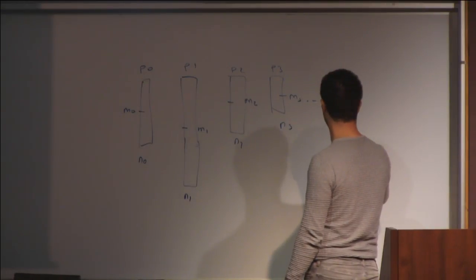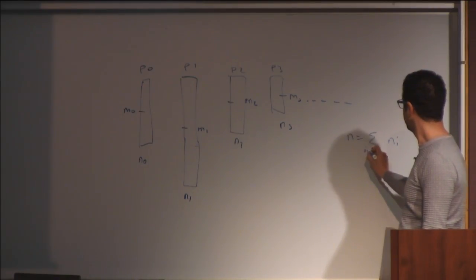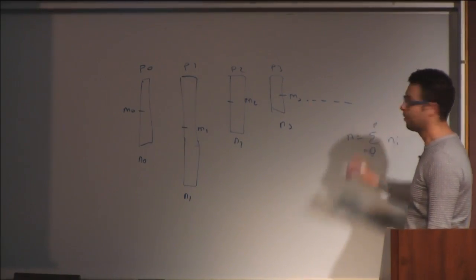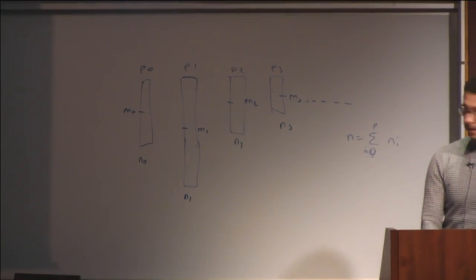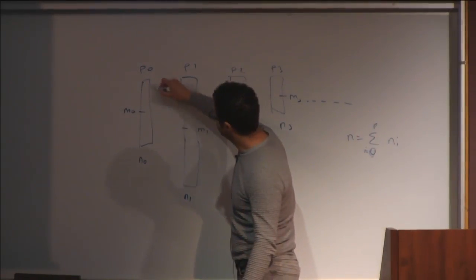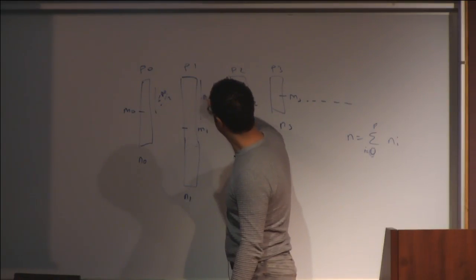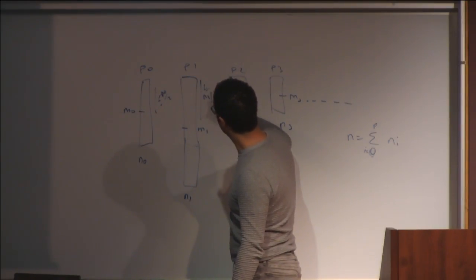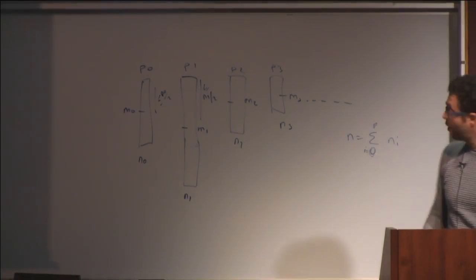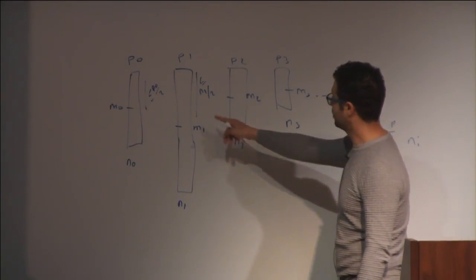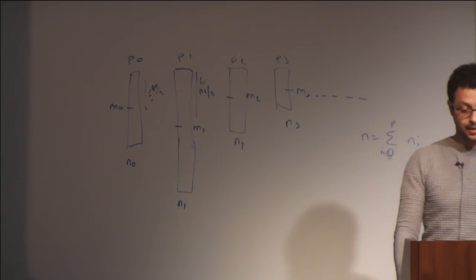So the total number of elements is the sum of the Ni's for all processors, i equals 0 to P. By definition, at each processor the number of elements that are less than Mi is less than or equal to N0 over 2, N1 over 2, and so on.